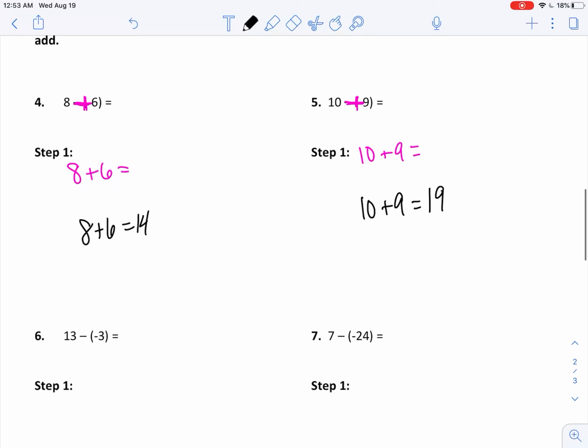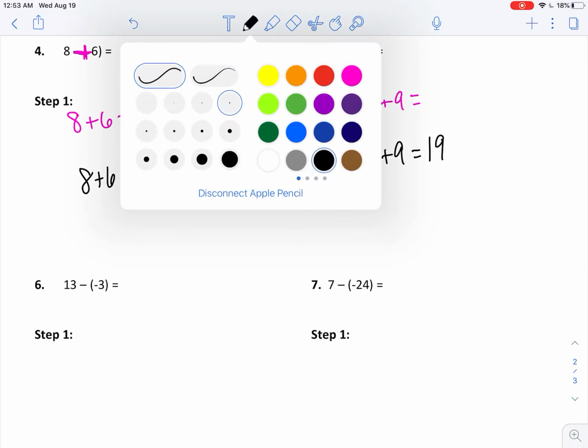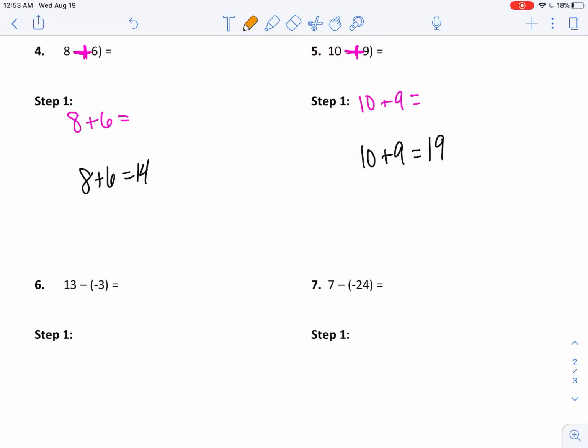So let's take a second. If you need to, you can pause the video here and try these last 2 on your own. Otherwise, you can just let it play, and it'll be fine. So I'll try orange now. 13 minus negative 3. Your gut instinct tells you to make it just 10, but let's take our first step. 13, and I see these 2 minuses.